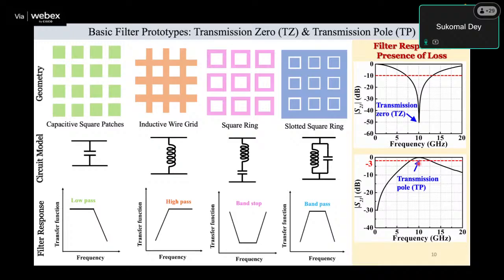So inherently, the transmission zero comes in the band stop and the transmission pole comes in the band pass response.